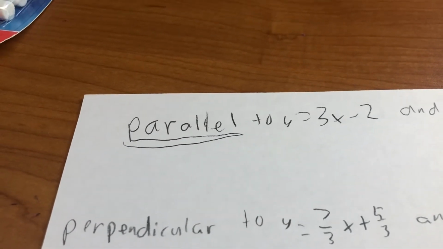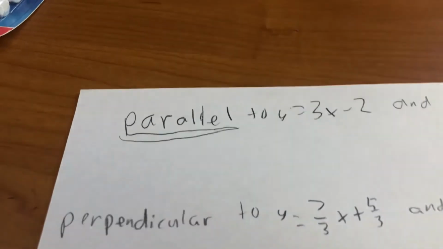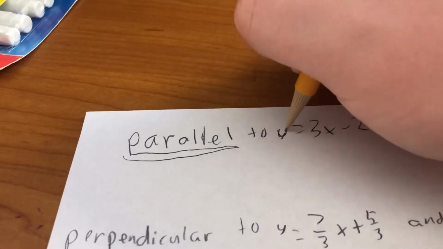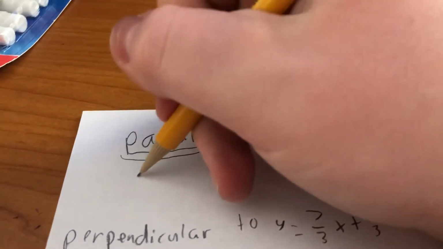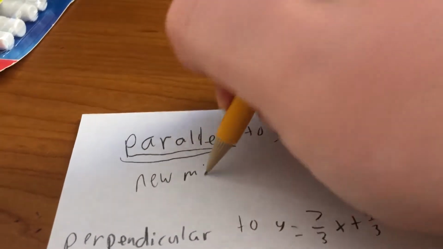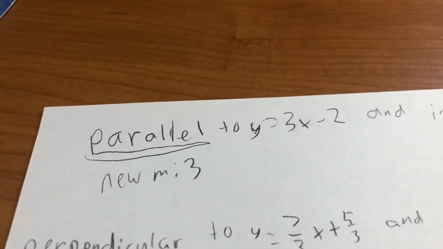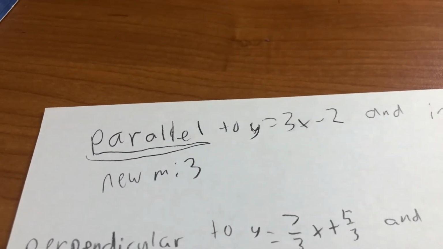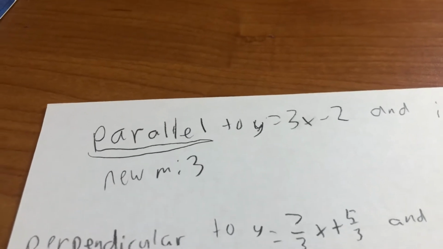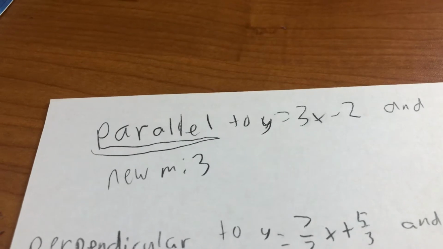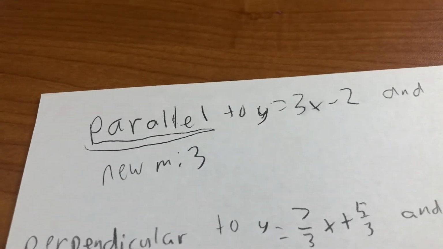So let's start out with the parallel. Now we're going to take this right here and have that as new m. Now the new m is just going to be 3, because parallel is just the same exact thing as before. It's no change.